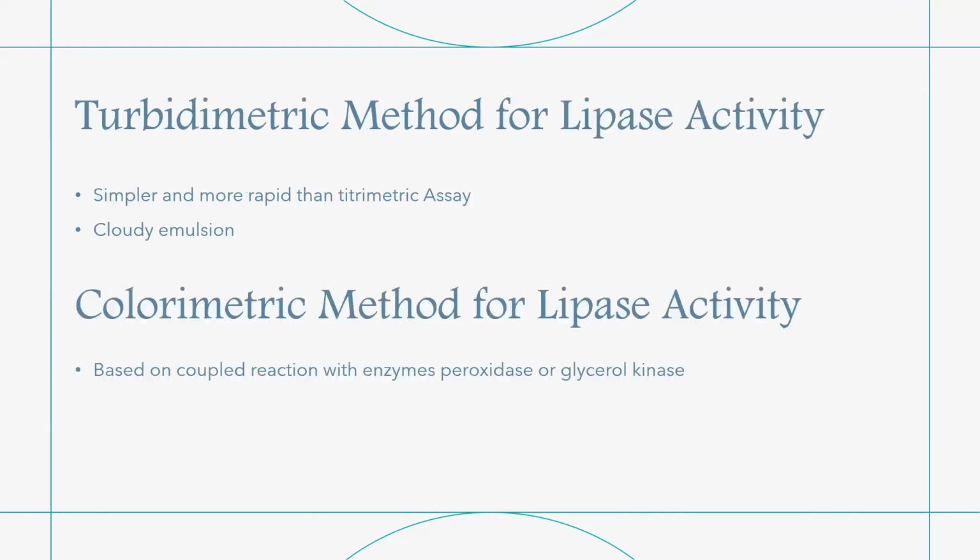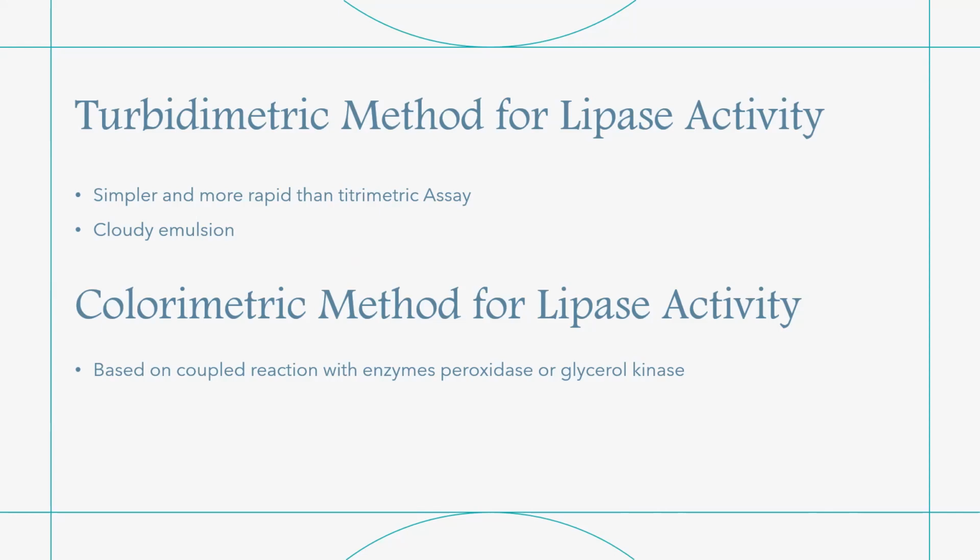Now, what is the difference between turbidimetric method for lipase activity and colorimetric method for lipase activity? Remember, the turbidimetric method is simpler than the titrimetric assay. In this method, cloudy emulsion is being analyzed as the fat is being hydrolyzed by the lipase.